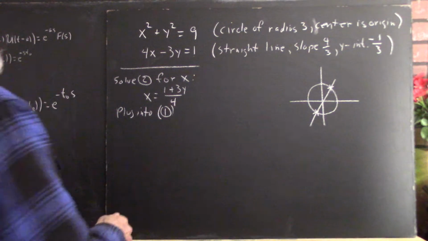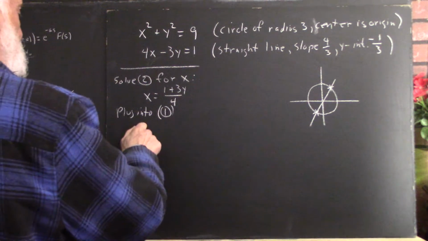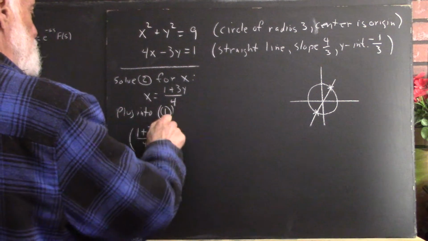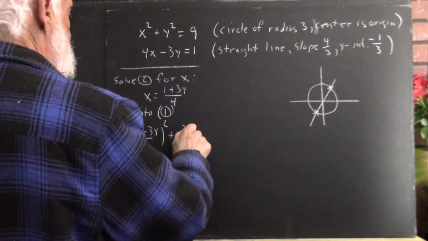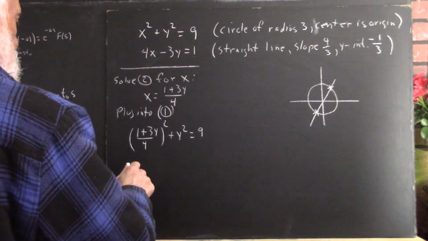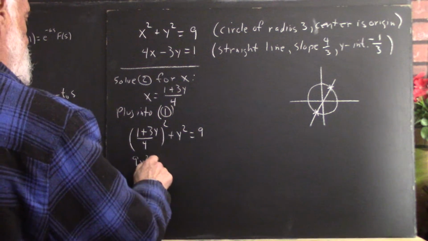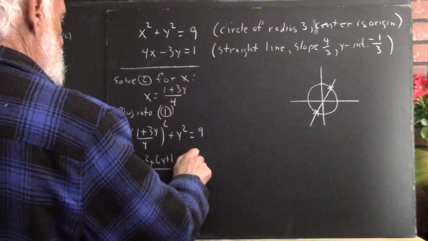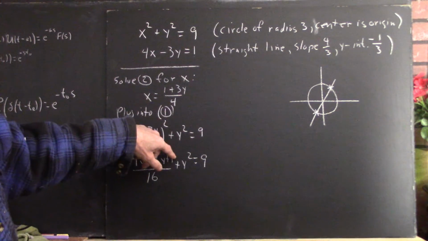Plug into equation 1. Don't know why I have parentheses around that, but I have them. Okay, and you get this quantity squared, that's your x squared plus y squared. Squaring the numerator, we get 9y squared plus 6y plus 1.